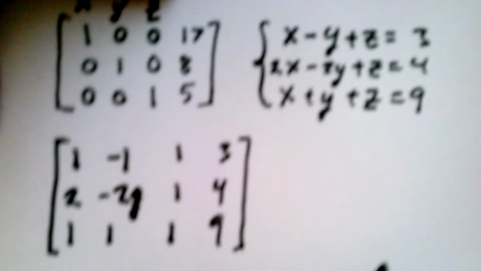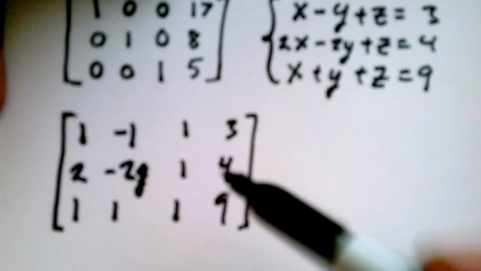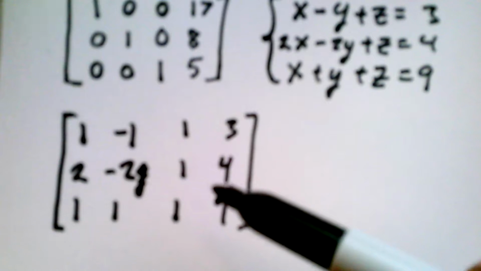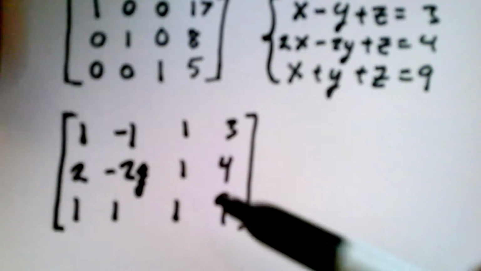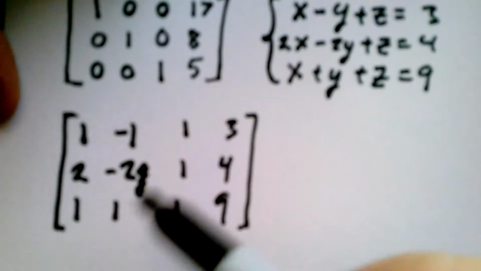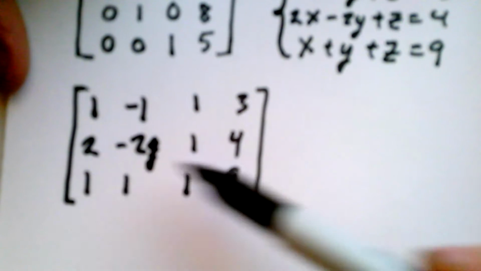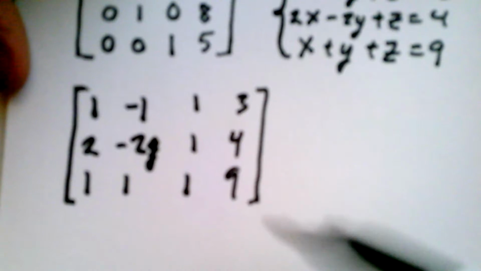From here, to get this in row echelon form, we're allowed to add rows to other rows, and we're allowed to multiply rows by constants. So what I'm going to do is take this first row, and subtract 2 copies of it from the second row and 1 copy from the third.